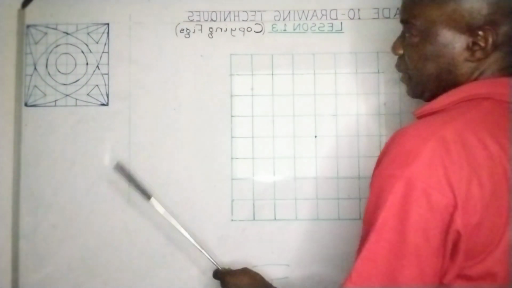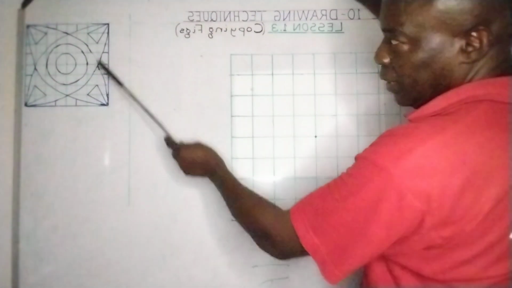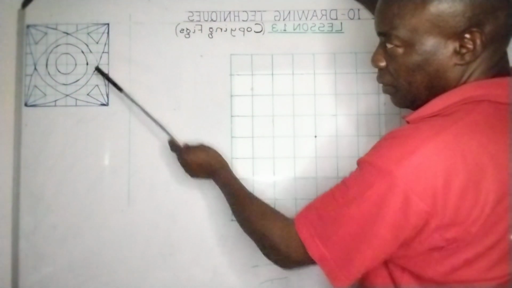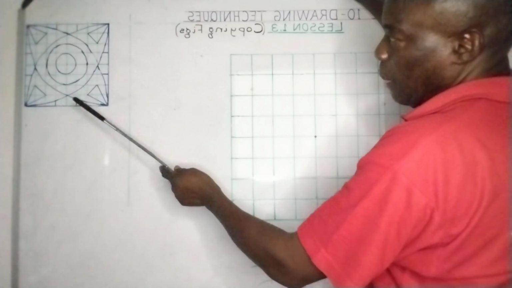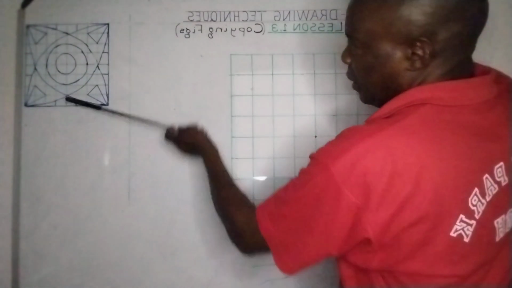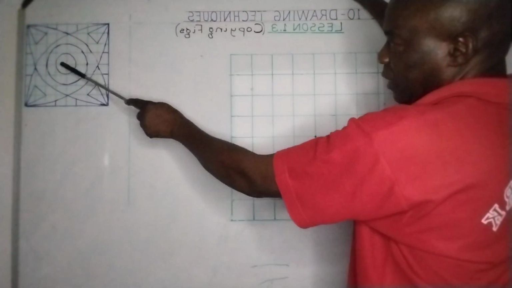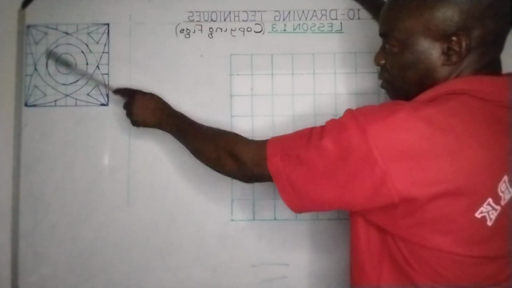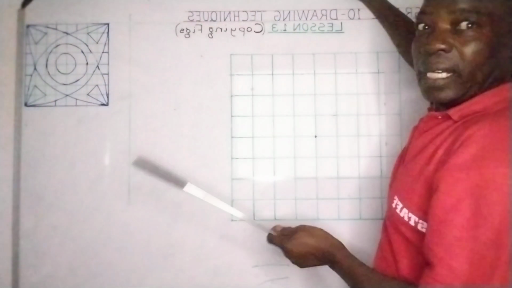As you can see, it is a symmetrical figure, which means this half is identical to that. So the center is this, which is the center of the two concentric circles. Circles which have the same center are known as concentric circles.